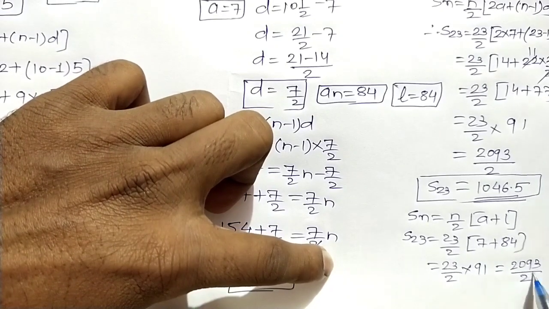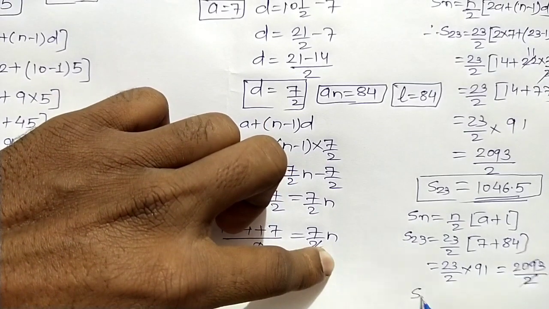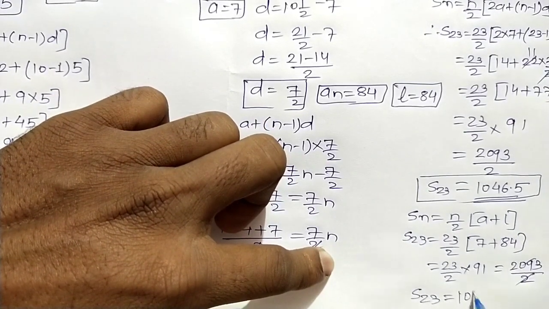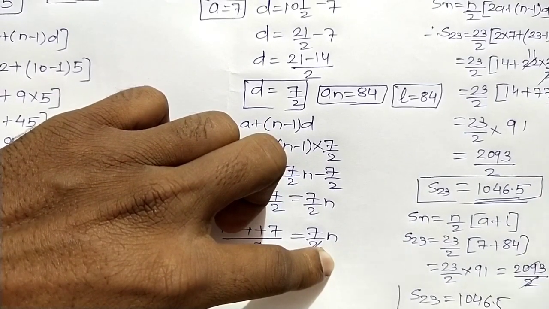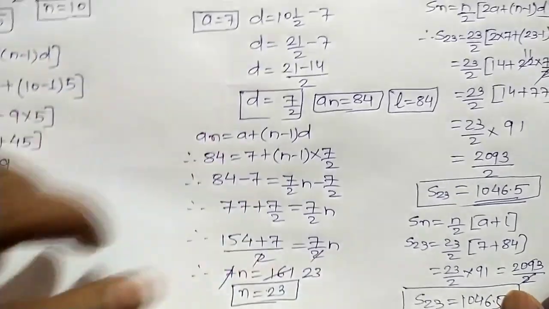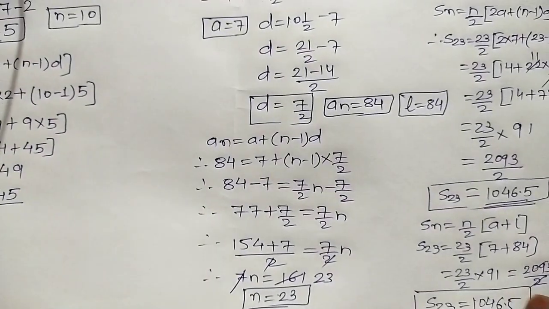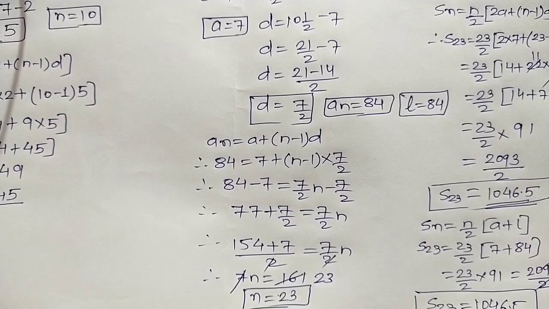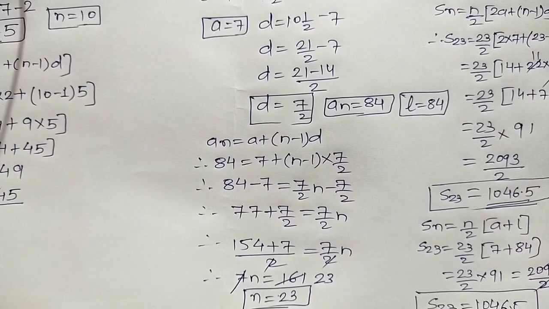Now after dividing we get S23 equal to 1046.5. Okay students, in today's video lesson we learn how to find the sum of a given AP.